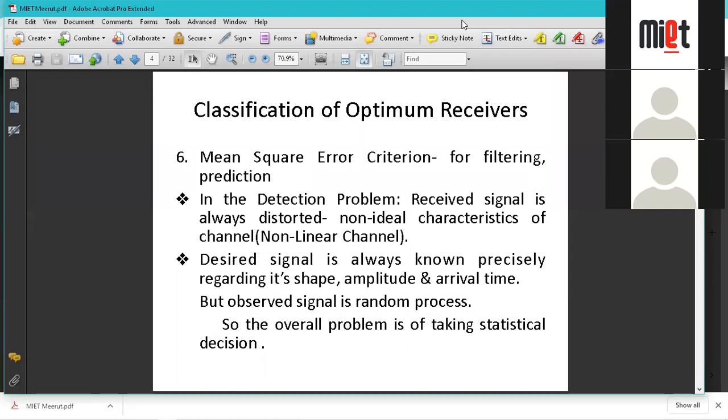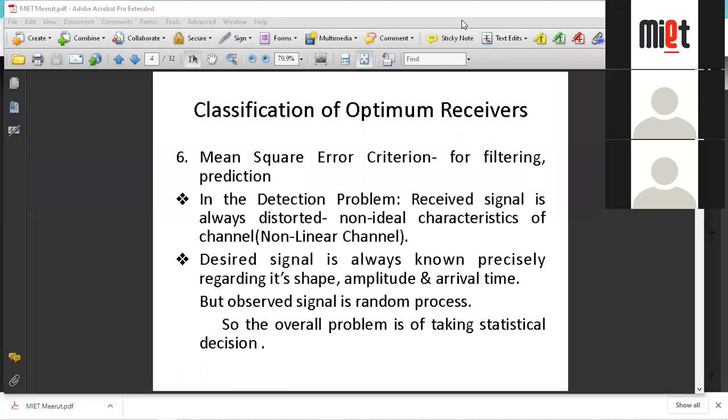Again, the classification can be based upon understanding the non-linearity of the channel: how non-linear the channel is, and how do we find it out? So this becomes one of the major classification properties.